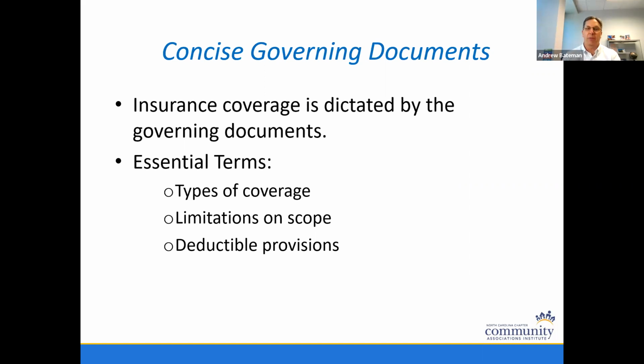The governing documents are the written contract that the insurance has to follow at time of claim. So if it is not clear or concise, we highly recommend that you reach out to an attorney to get that opinion of how the governing documents read, or go through the process of having your documents amended.